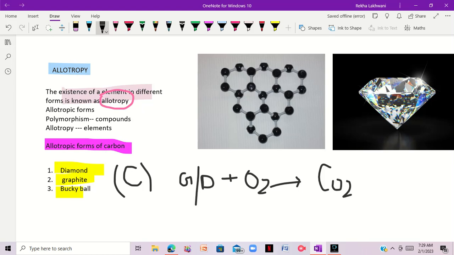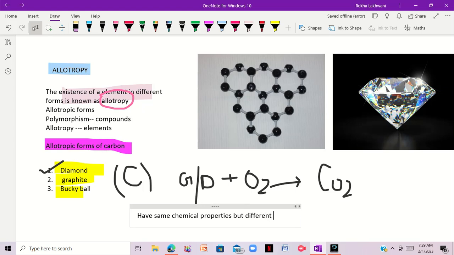So it means they have the same chemical properties. Basically, allotropic forms have the same chemical properties but different physical properties.